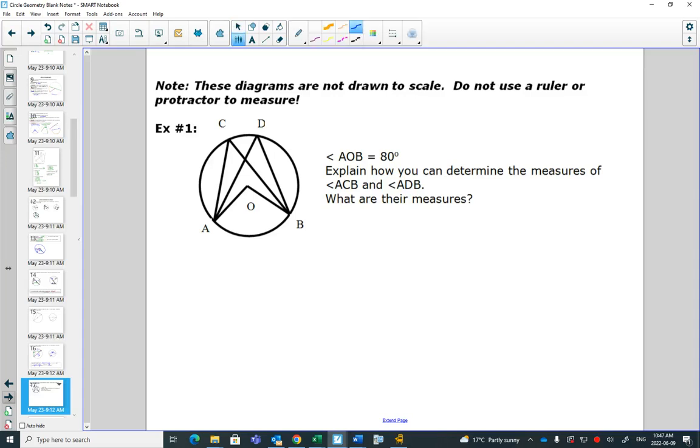These diagrams are not drawn to scale, so you cannot use a ruler to solve for them. AOB is 80 degrees, so we can write an 80 right there. Usually these questions tell you that you have a center. So in this one, this is a circle with center at O. So 80 degrees becomes a central angle.